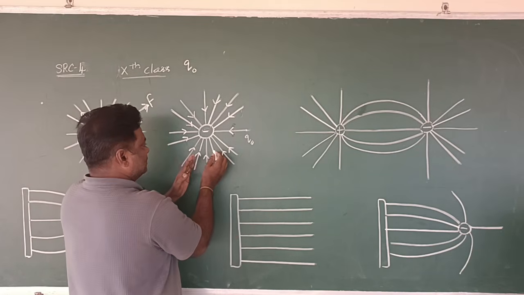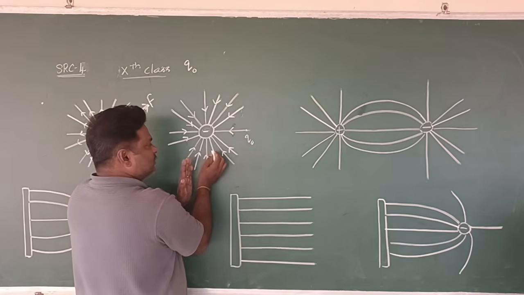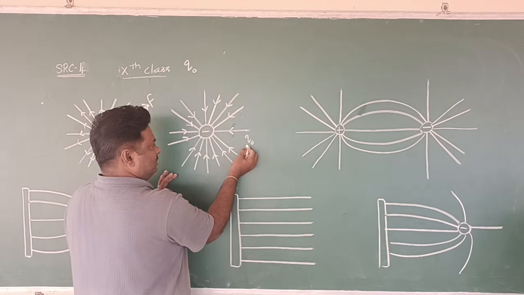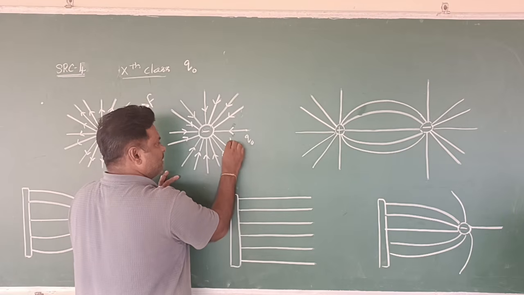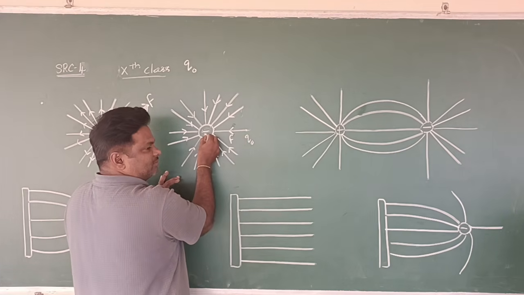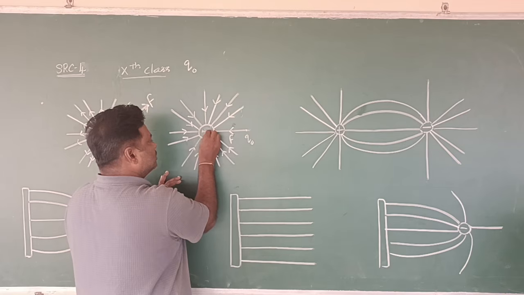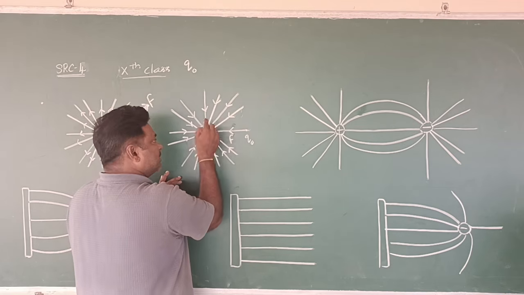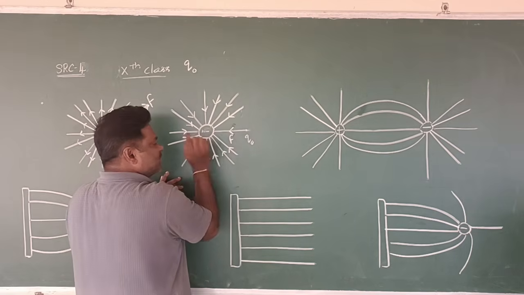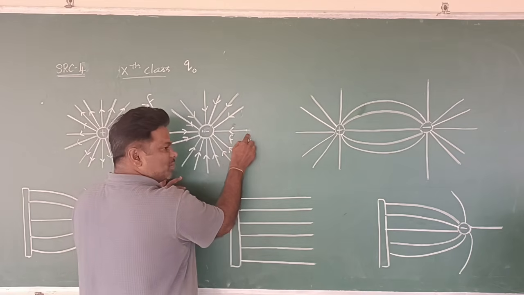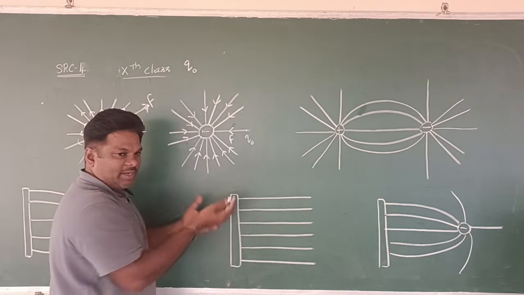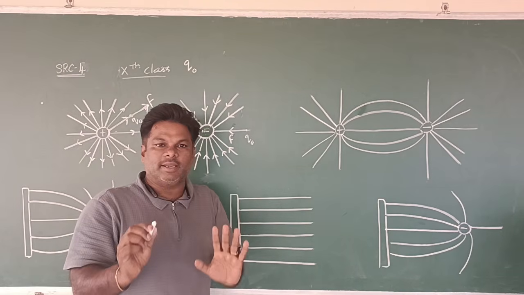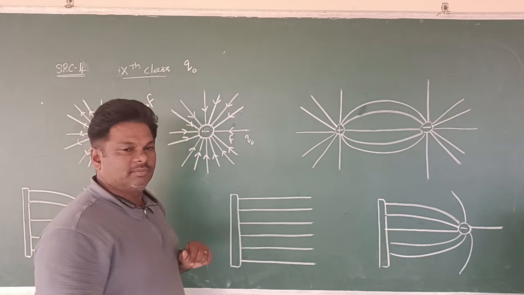Since they are opposite charges, there is an attractive force between this negative charge and the positive test charge. And thus the force is towards the negative charge, and this whole field belongs to this negative charge only. Even if you place this Q naught somewhere else in the field, it will definitely be attracted by the negative charge.